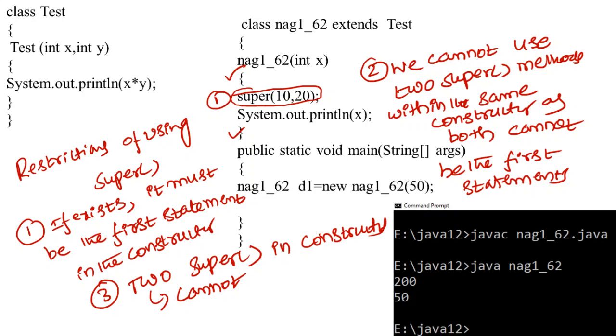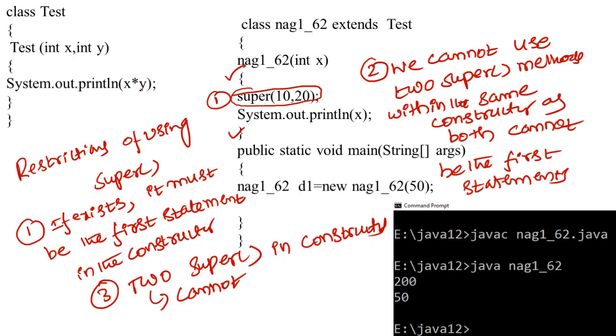You must understand: if the super method exists, it must be the first statement in the constructor. As I told you, we cannot use two super methods within the same constructor as both cannot be the first statements. Just go through this lecture. It is a simple and straightforward lecture. If you have any difficulty, please keep a comment.